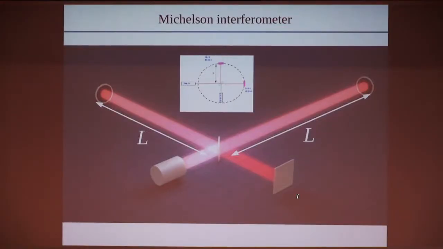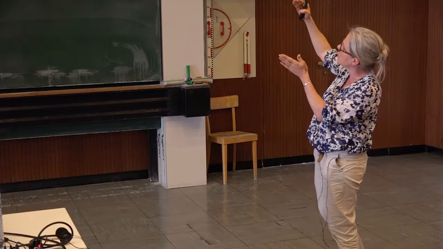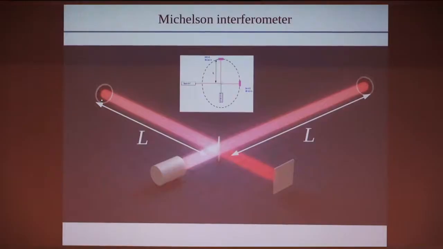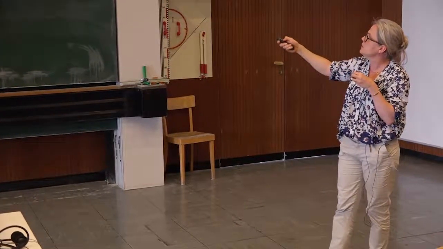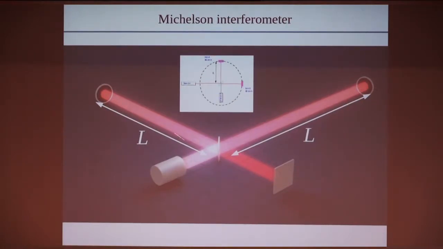And when a gravitational wave passes through your detector, what it will do is shrink the distance in one arm, while in the other arm the length will be increased. That means your light phase will be changed.